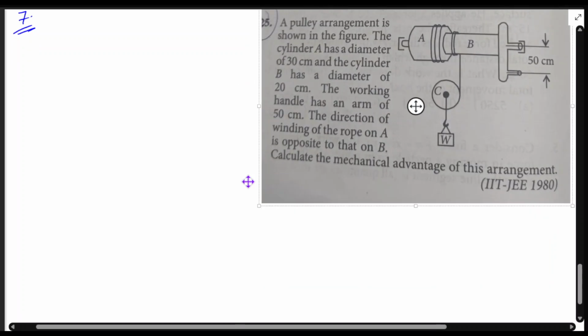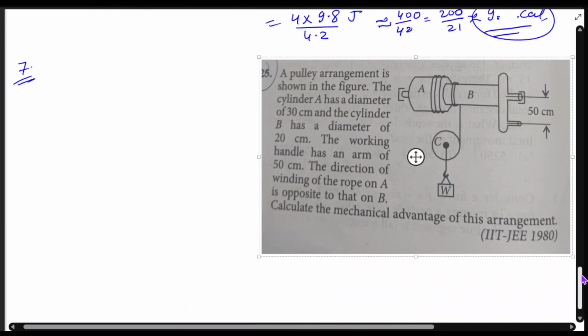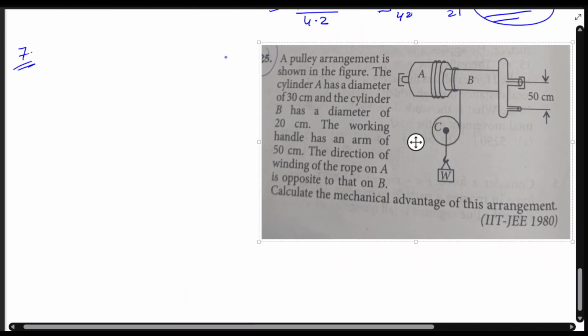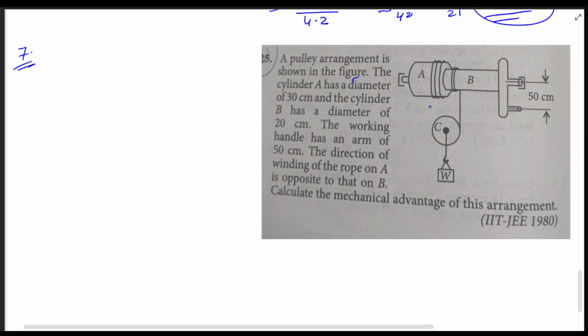Right. So we have a pulley arrangement system. Okay. So it's like this. This wire is connected, like this side is connected with B and this side is connected with A. So the diameter of cylinder A is more and cylinder B is 20.